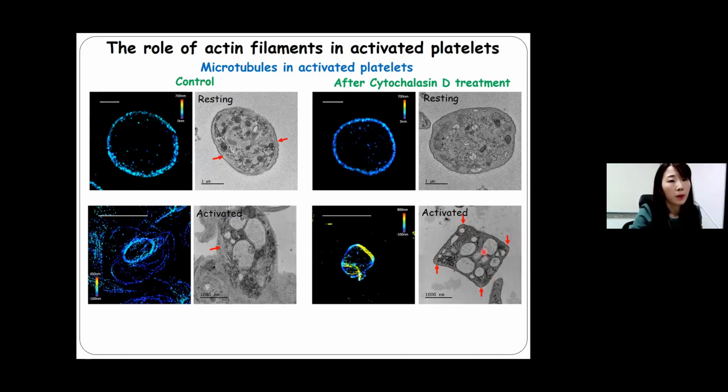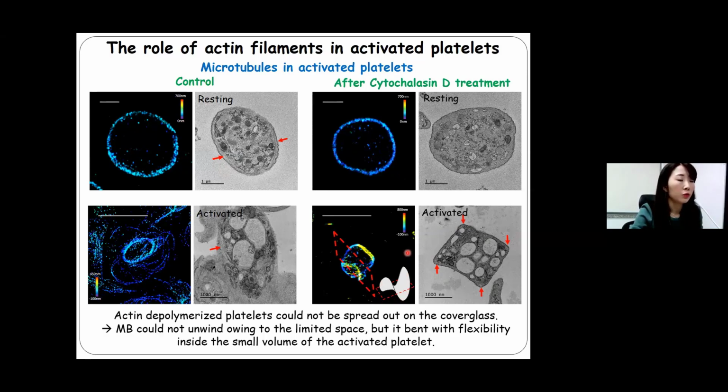But it is an EM section, a 2D image. So to see the full 3D structure, we took 3D STORM imaging like this. And from the 3D STORM image, we could see this interesting potato chip-like structure.